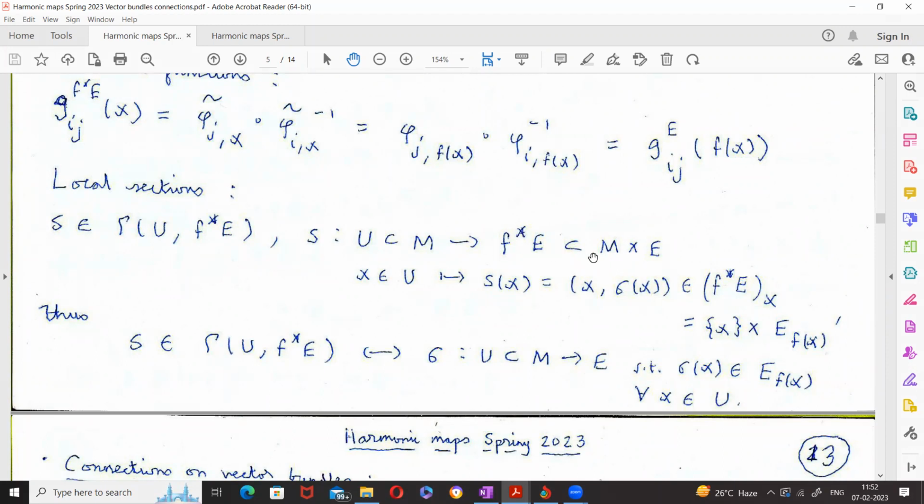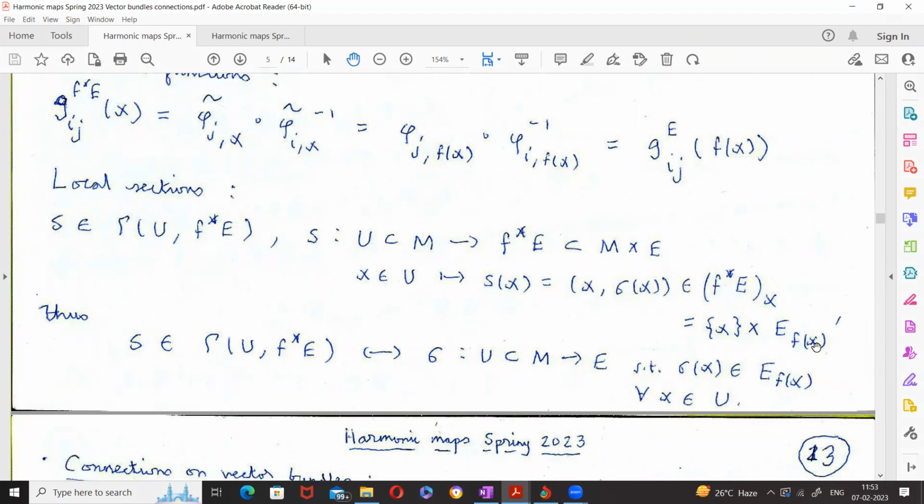So the pullback bundle is a subset of M cross E. So S of x is going to be a pair x comma sigma x, where x belongs to M and sigma x is in E. And this is in the fiber of the pullback bundle. The fiber is singleton x cross E sub fx. So that means nothing but that this sigma of x belongs to the fiber E sub fx.